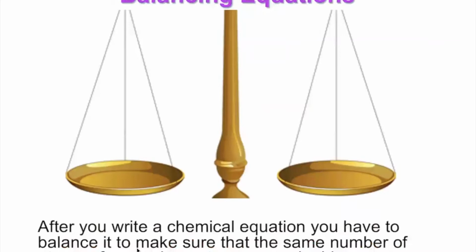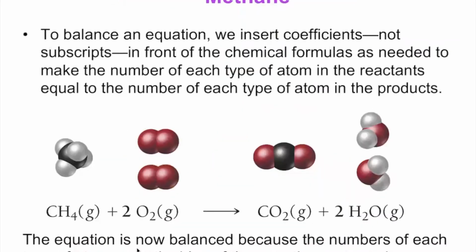We are going to do that by adding coefficients, which is the number that goes right before the chemical formula. The 2 that was added in front of water applies to the hydrogen and applies to the oxygen. For example, 2 times 2 means we have 4 hydrogens and we have 2 oxygens.